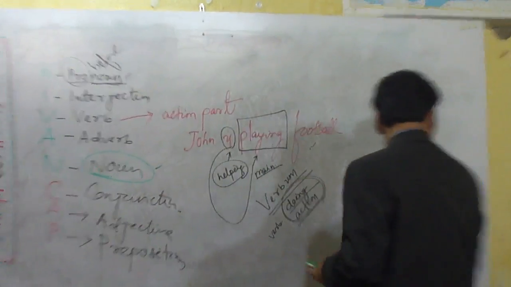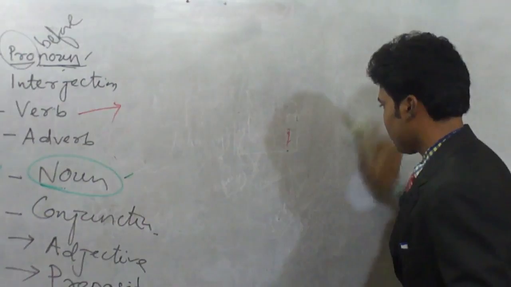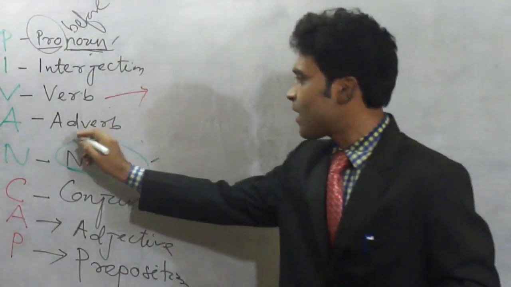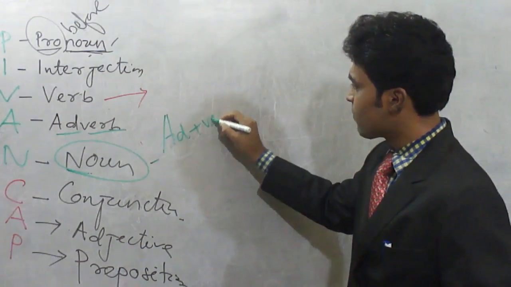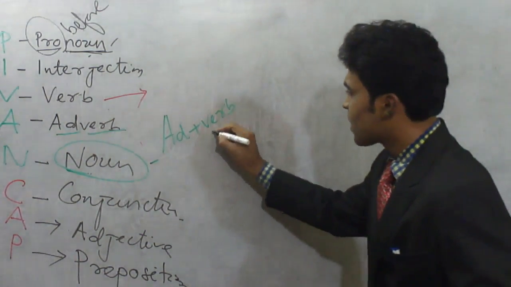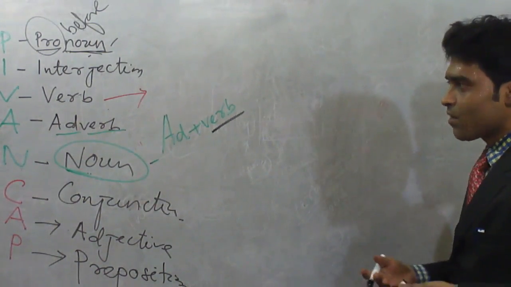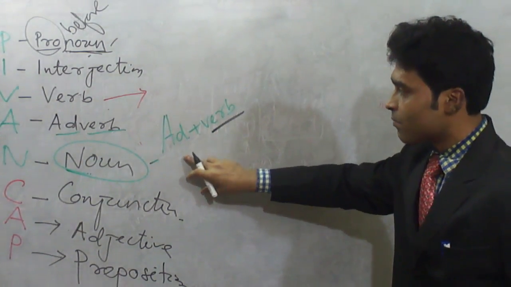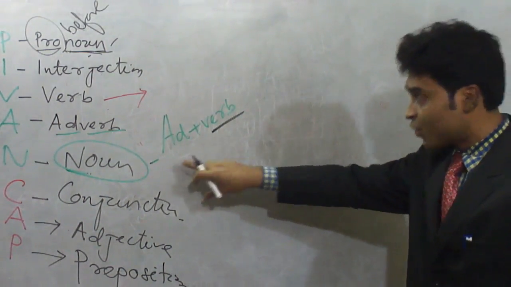Alright, now we'll discuss what is an adverb. Adverb means ad plus verb. This ad plus verb means something which adds to, describes, or glorifies the verb, the action part of a noun.